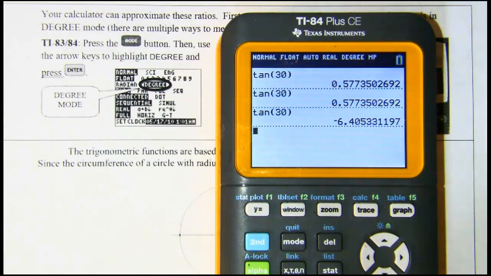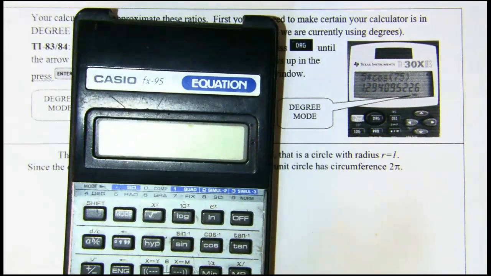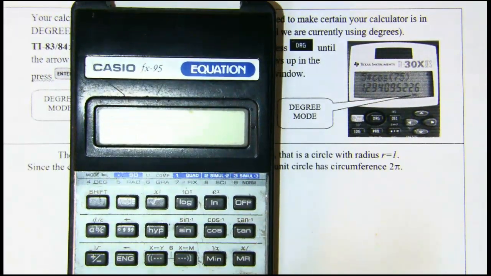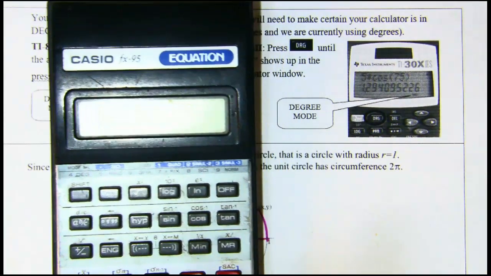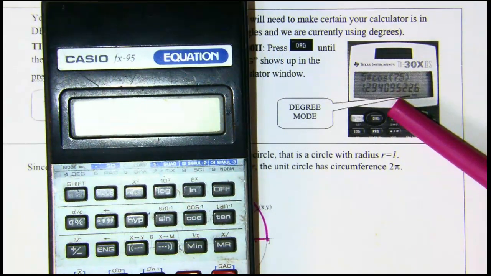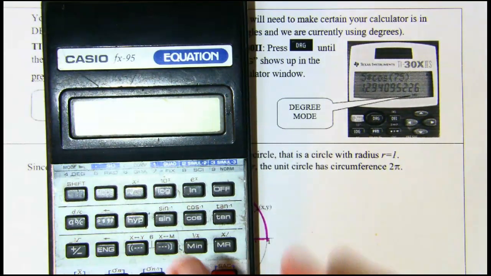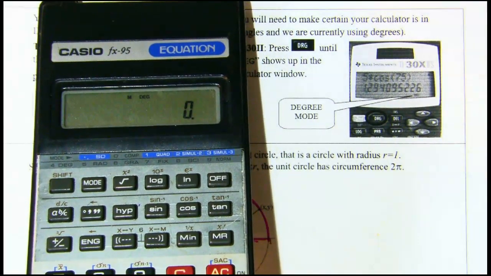Now, on a different type of calculator, I had this old scientific calculator that I used in high school in my desk here. It's not this one here; a lot of you have this one, but you would push degree mode on this TI calculator. This is a Casio, and when I power this on, you can see that I have it in degree mode.